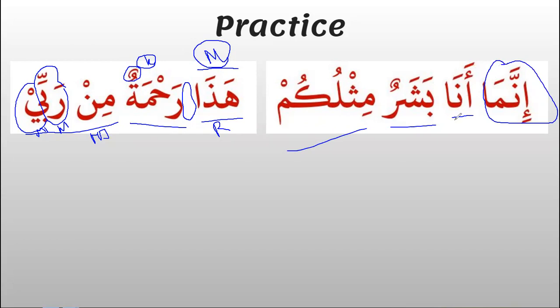I. Yes, ana is I, an independent pronoun, and independent pronouns are rafa, so it is the mubtada. Ana. Okay. Basharun, it's rafa, so it's the second rafa, and it's the khabar.